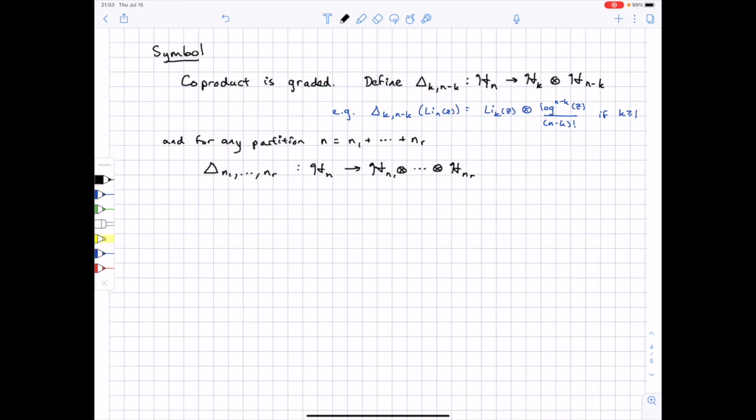Recall that the coproduct is co-associative, so this is well defined. It doesn't matter in which order you iterate the coproduct.